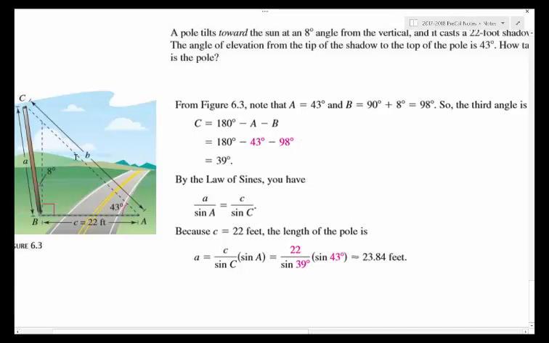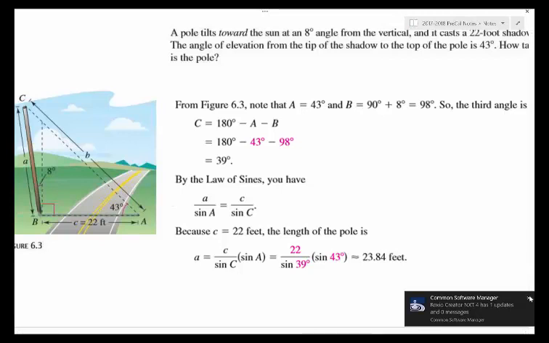I get 98 because this entire angle here at angle B, if I'm looking at the entire triangle on the outsides, not the individual little triangles, if I take the entire one, I get 98 degrees for that angle and the little 8-degree one. And so when I subtract those, I get that angle C up here at the top is 39 degrees.